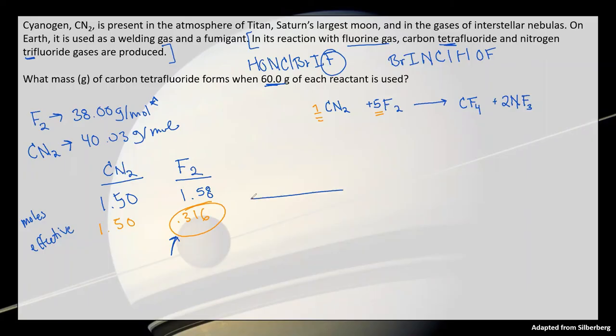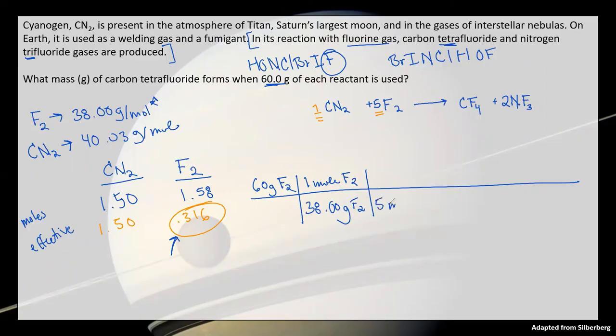And set up our ladder. So 60 grams of F2, to convert that to moles, 38 grams, 1 mole F2, and 5 moles F2, remember, because that's our ratio, converts to, what are we looking for?